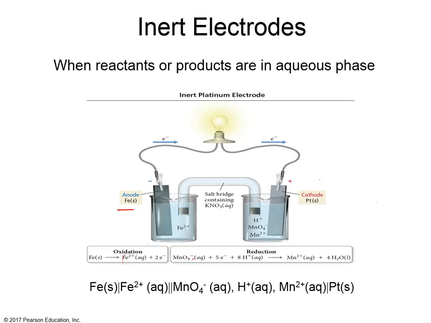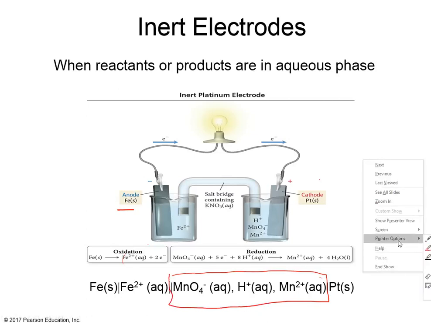A permanganate ion here, so we put this ion here. You ignore the electrons in both cases. Then we have hydrogen ion, so you add also the hydrogen ion. And then you have manganese ion, so you add the manganese ion. Because they are in one solution, you don't make barriers for these. They are in one solution, therefore no barriers. You just put them together.